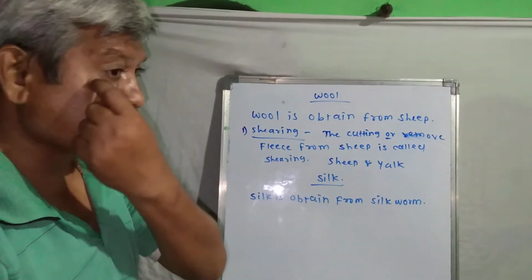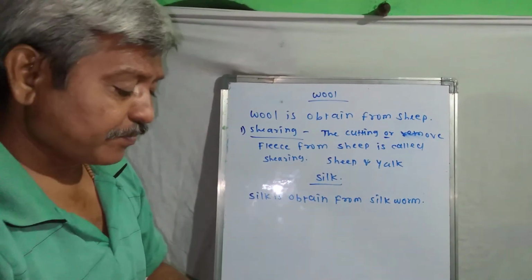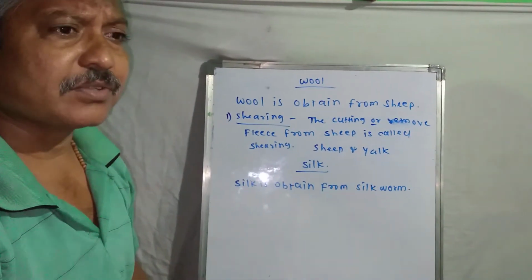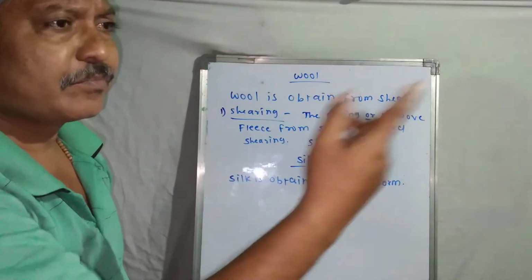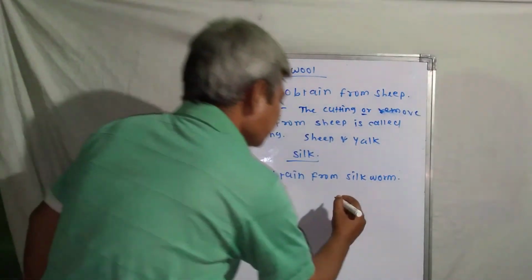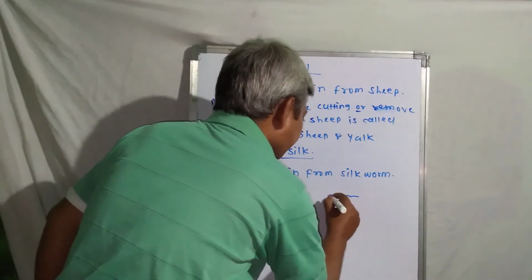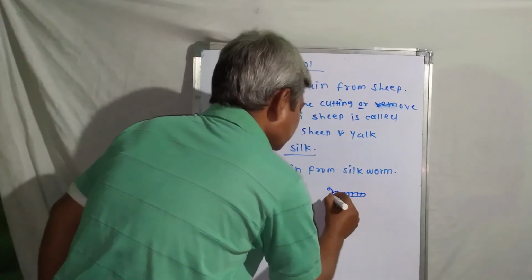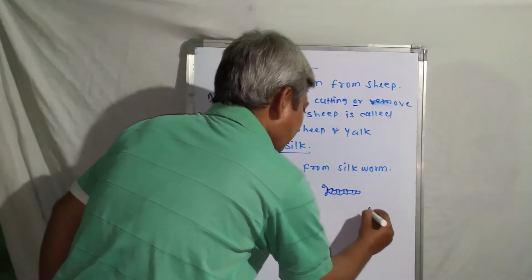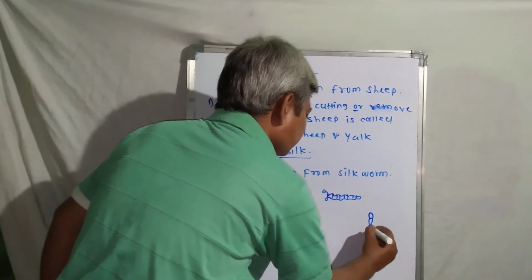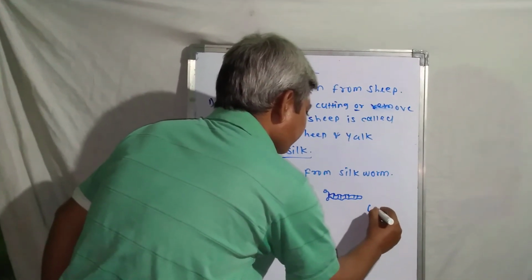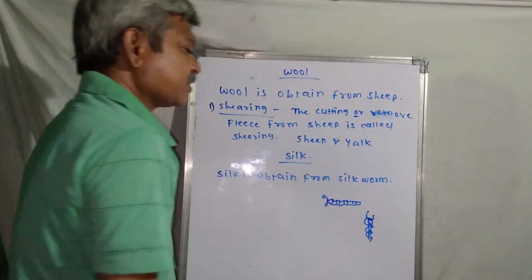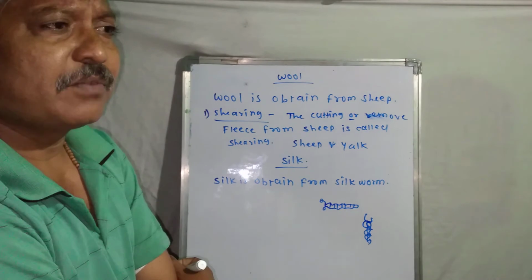After some days, this larva secretes a sticky substance, and it spins around itself. This is the larva, suppose, and this larva secretes a substance, and on drying it forms a fiber.